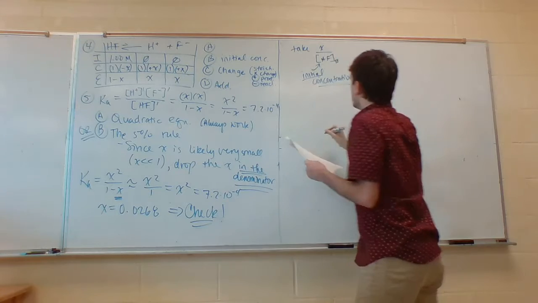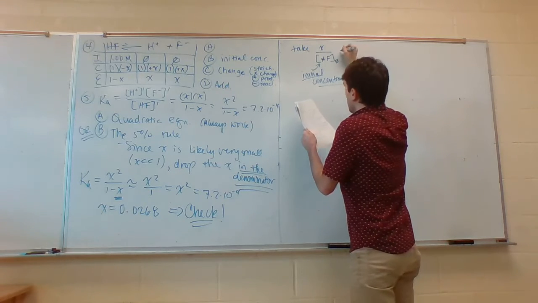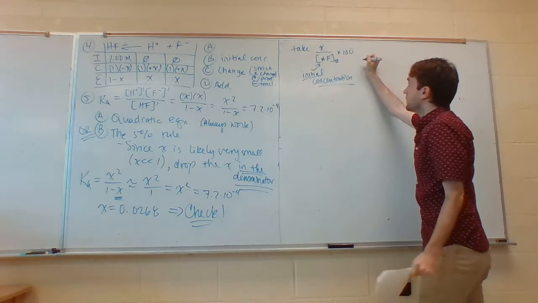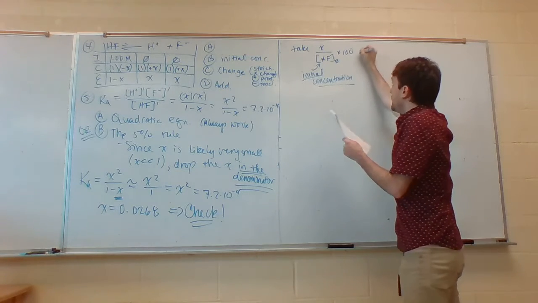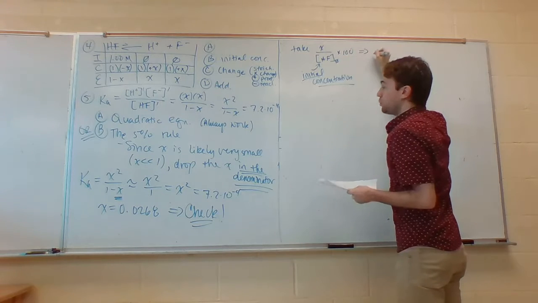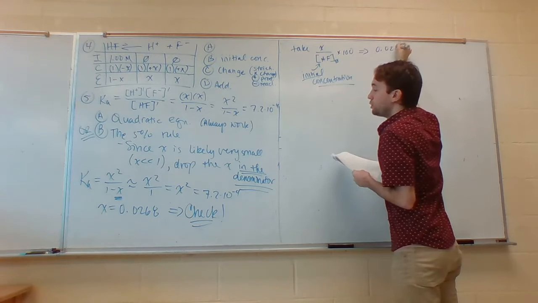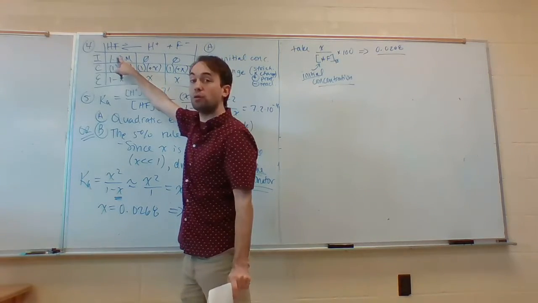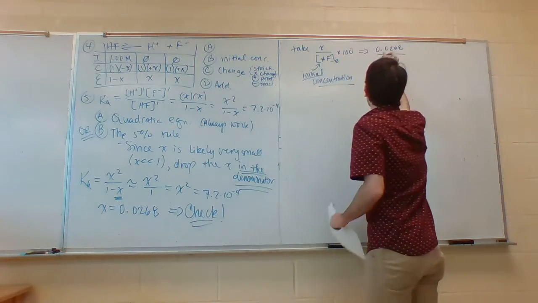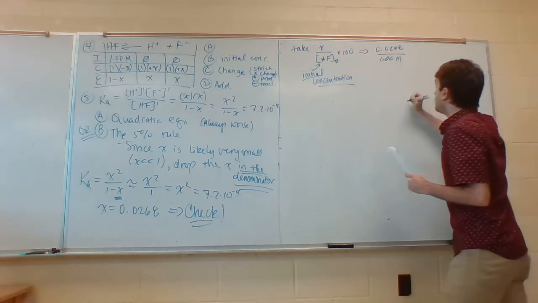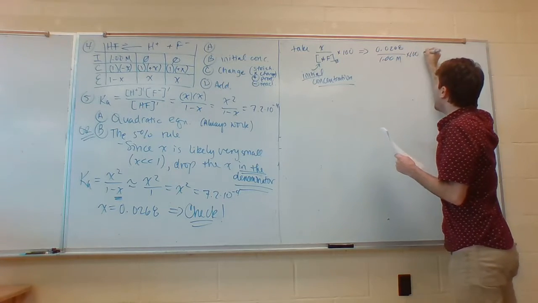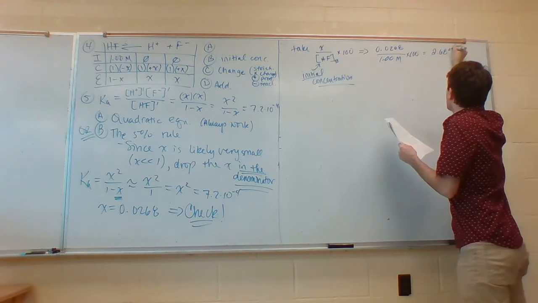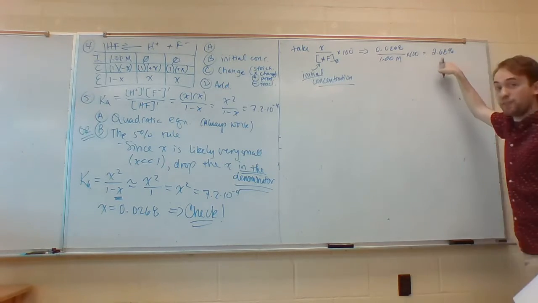And then we're going to multiply it by 100. So that would mean that I'm going to take my value of x, which was 0.0268, that's my x, and I'm going to put it over my initial concentration of 1.00 molar. And I'm going to multiply that by 100, which is going to give me 2.68%.